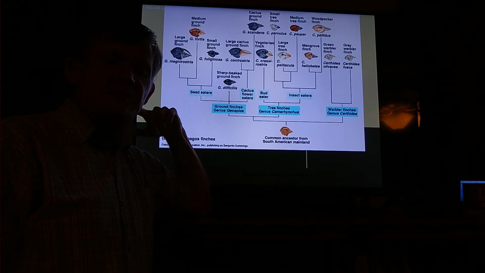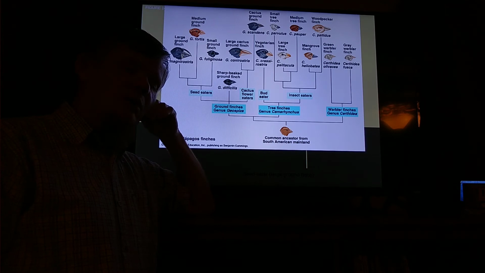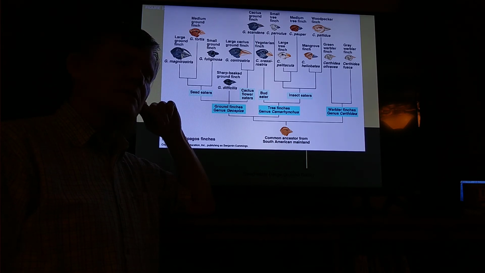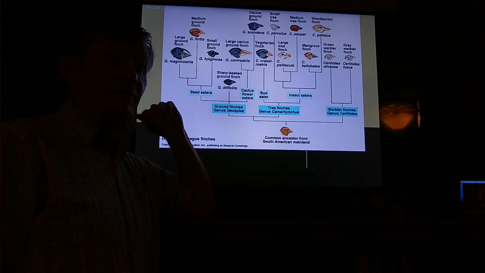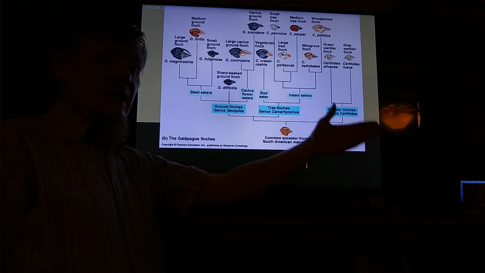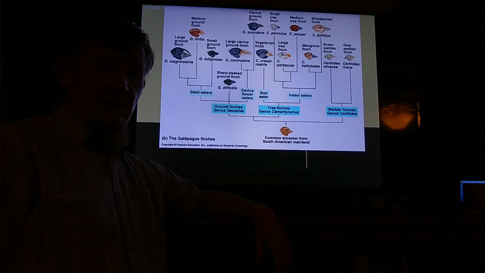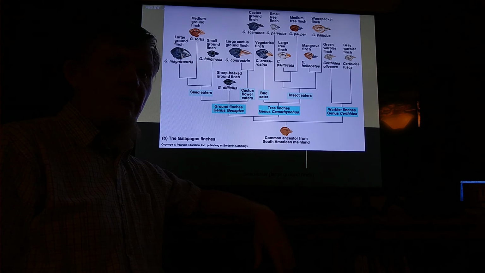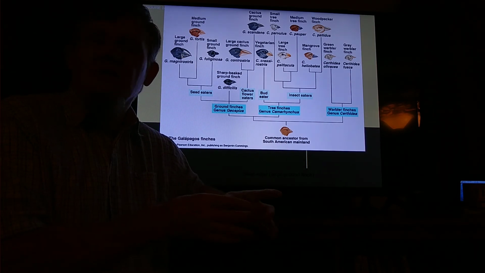And that led him to imagine, why would all of the birds here be finches? Maybe because there were no birds here. And suddenly, somehow, one way or another, from the mainland, a group of finches made it to the Galapagos. And because there was no other competition, the finches that were here were able to eat the things that were available to them.